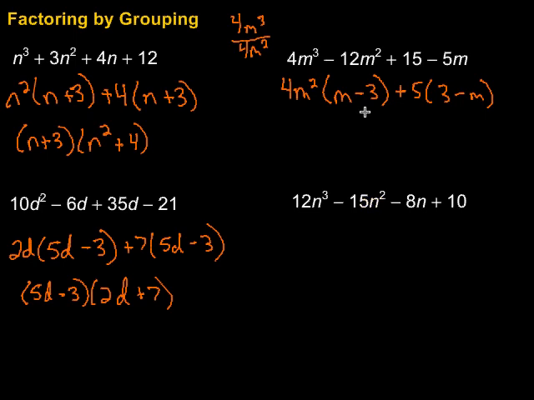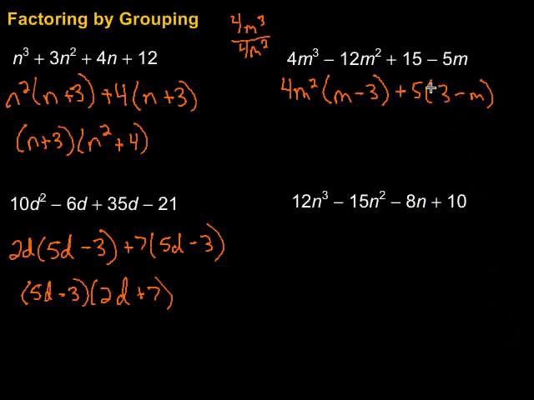Let's take a look here. Notice what happened. We've got an m minus 3 and a 3 minus m. So, very close, but they're not the same. How could I get it so that the signs here would be flipped? Because I need a positive m and a negative 3.